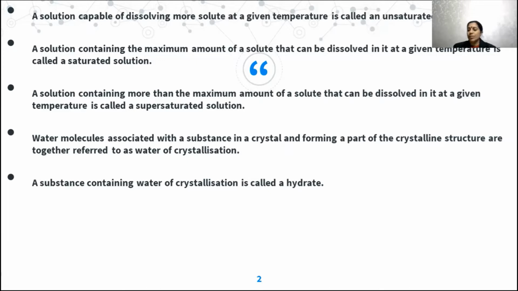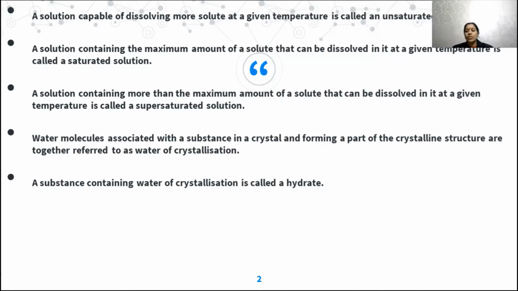Next is the saturated solution, which means a solution containing the maximum amount of solute that can be dissolved in it at a given temperature. You already learned the difference between unsaturated solution and saturated solution.